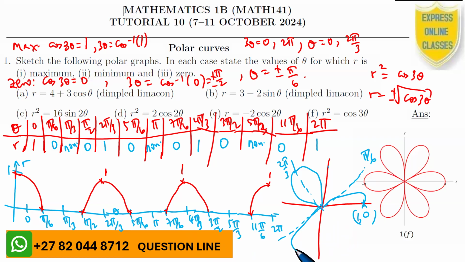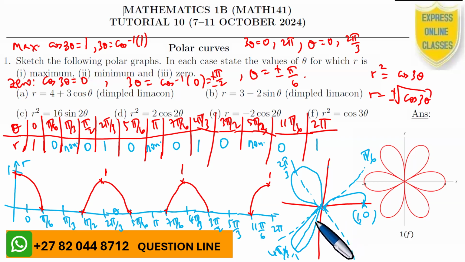And then it's going to decrease towards 3 pi over 2. This one is going to be 1 at 4 pi over 3. Okay, and then now we're going to have this one. It's going to be non-real here up to 11 pi over 6, which is going to be 0.